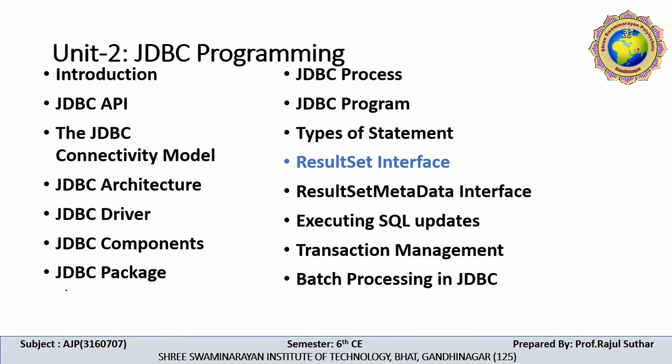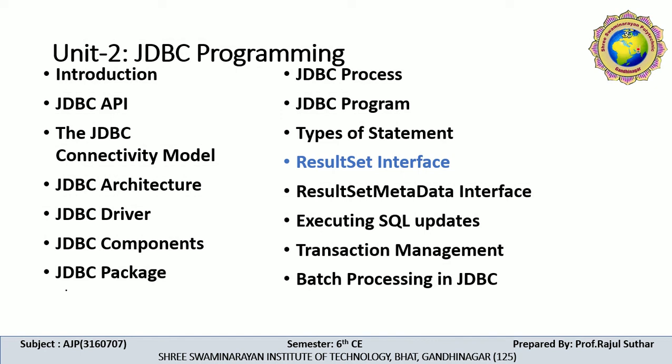In Advanced Java Programming, Unit 2, JDBC Programming, we already discussed the types of statement in JDBC programs. In this video session, we will discuss the ResultSet interface. What is the use of the ResultSet interface? Why do we require it? For reading the result set, we require the ResultSet interface.